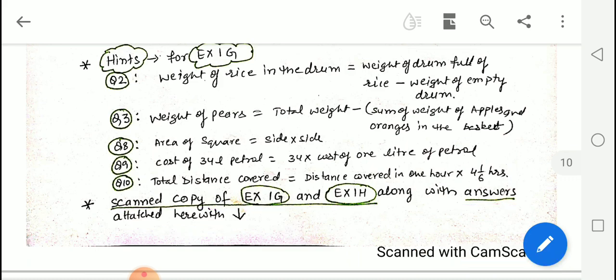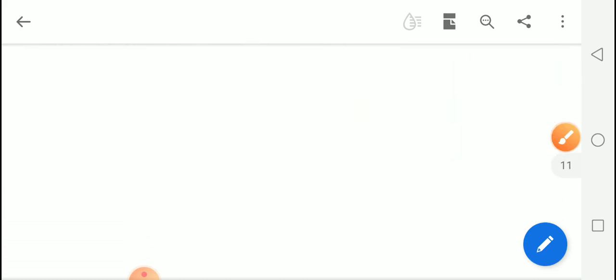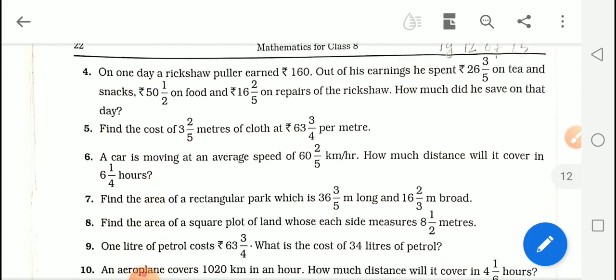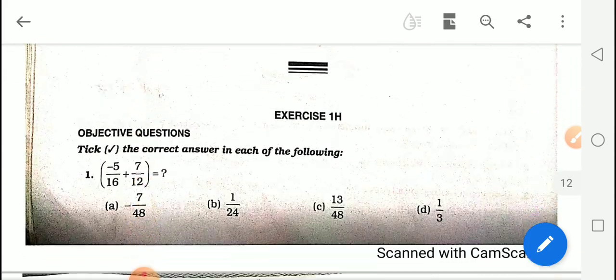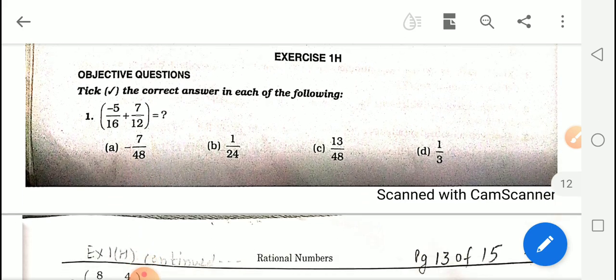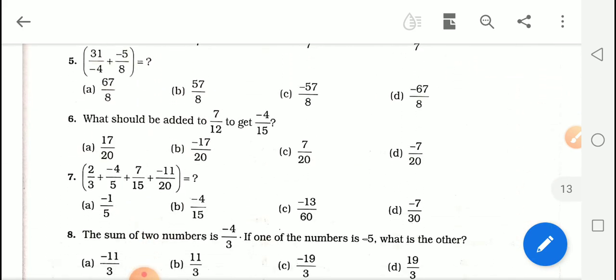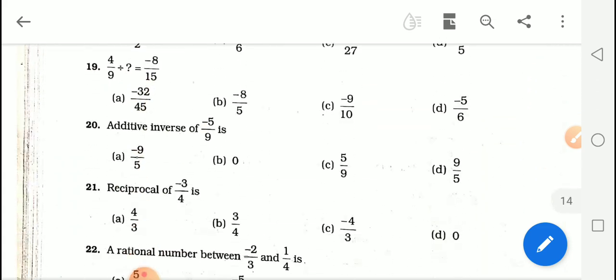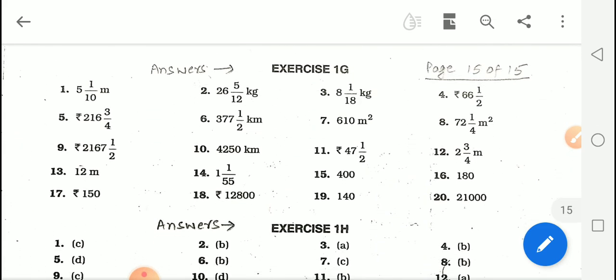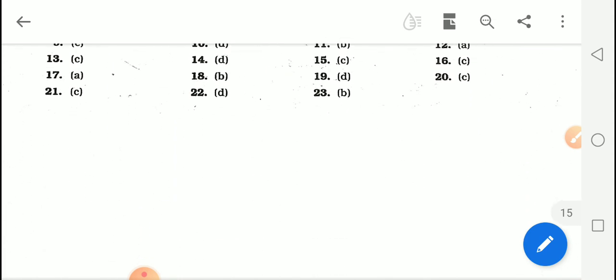See, this is exercise 1G. This is the whole exercise 1G. There are 20 questions in 1G, then 1H, and these are the answers of exercise 1G and 1H.